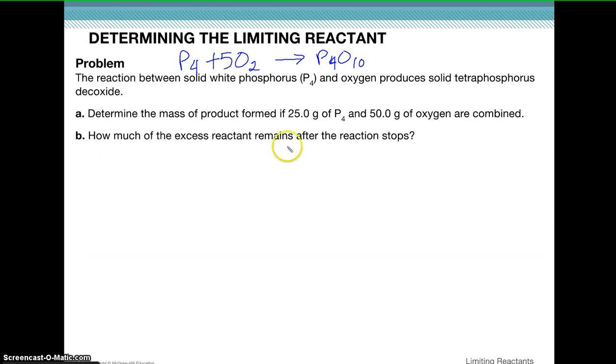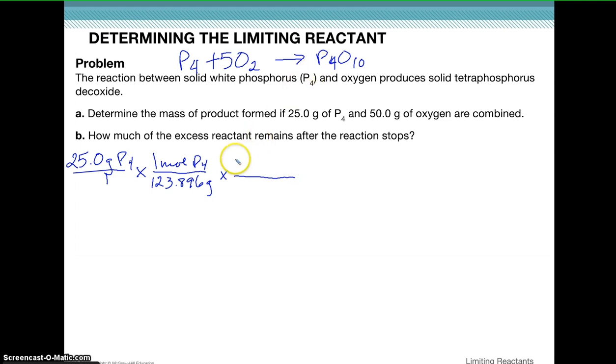Okay, so we pick one of the reactants to start with, which would be 25.0 grams of P4. Convert it to moles. The molar mass of P4 is 123.896 grams. We're trying to find how much product we could get.